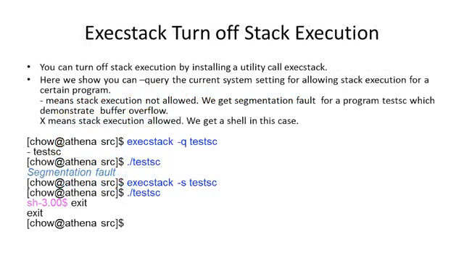You can turn off stack execution by installing a utility called execstack, execute stack. Here we show you can use execstack with the minus q query option. With that command, the current system will report the setting of stack execution for a certain program.